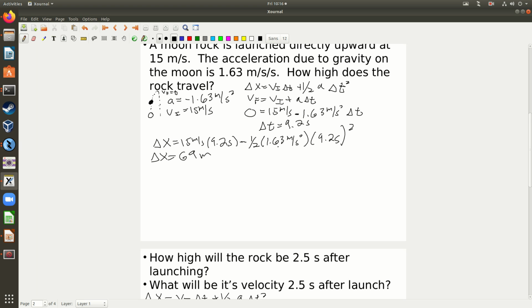And so anything from 0 to 9.2 seconds is going to give you a positive velocity and definitely a positive displacement. Anything greater than 9.2 will give you a negative velocity, and it's still going to give you a positive displacement because the only direction that you could have gone is up.